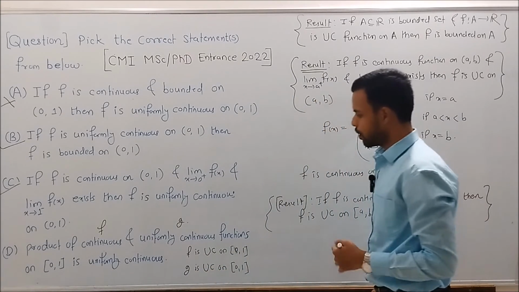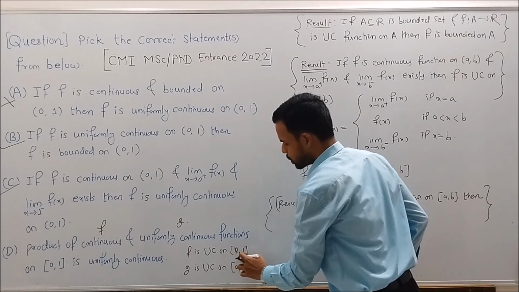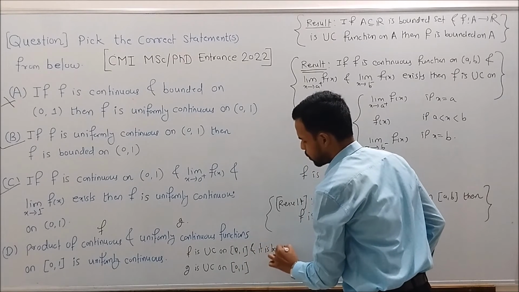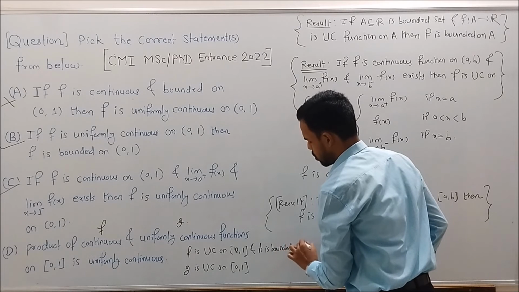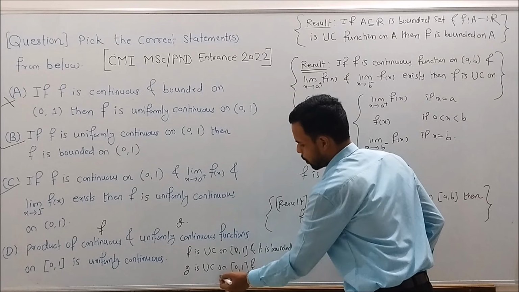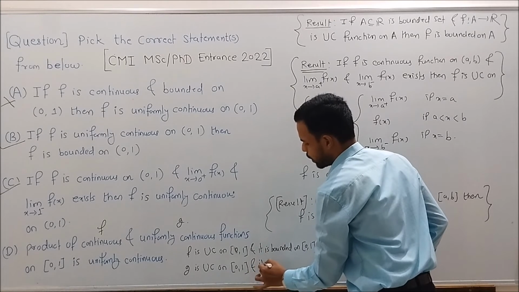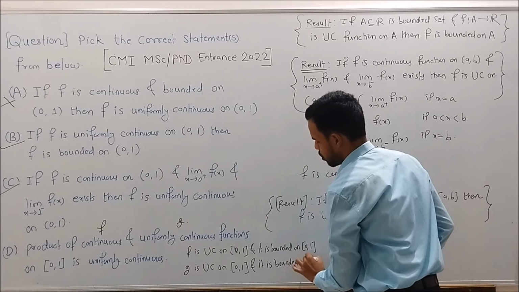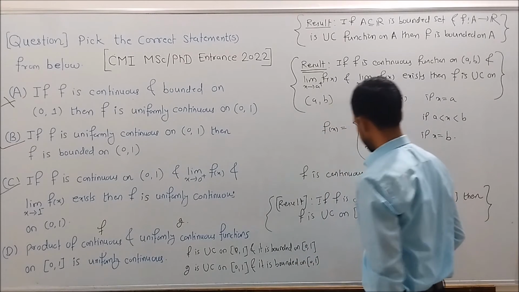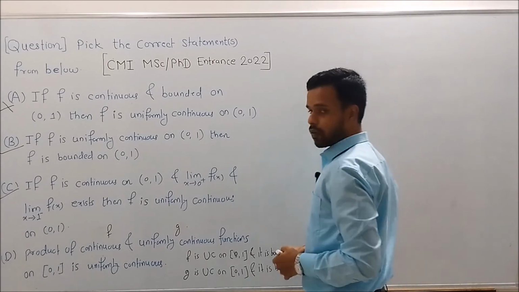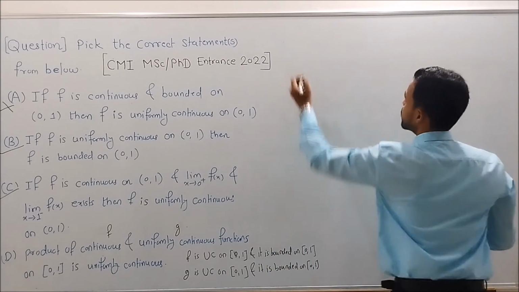So overall, f is uniformly continuous and bounded on the closed interval [0, 1], and g is uniformly continuous and bounded on the closed interval [0, 1]. Okay, so we have this. Now we use the result.